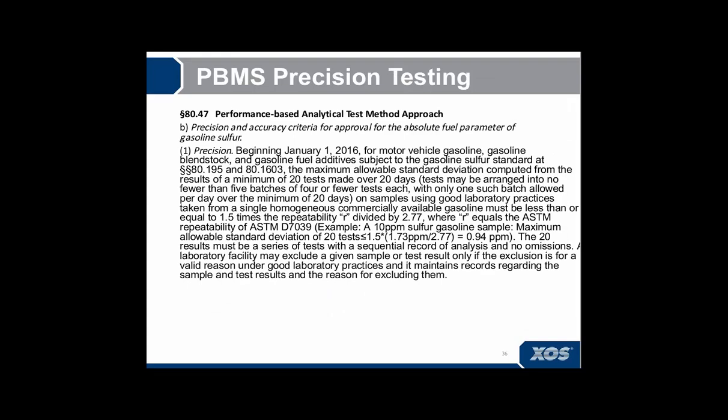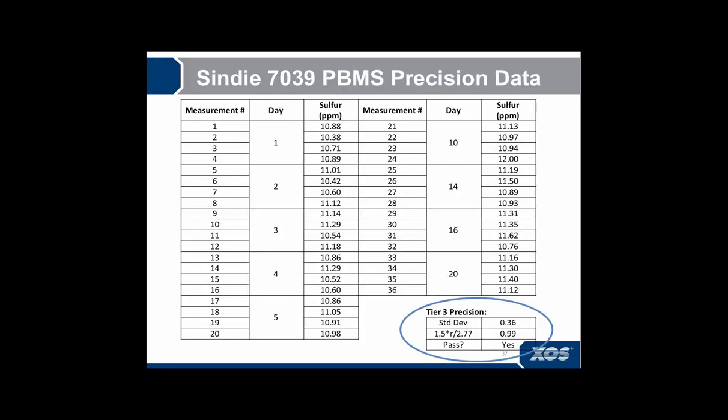Next, you have the precision section, which basically talks about 20 tests over 20 days. So what is the precision of your analyzer over a longer period of time? You'll see here that we ran over 20 days, we ran a series of 36 measurements, and you take the standard deviation of those 36 measurements over 20 days.